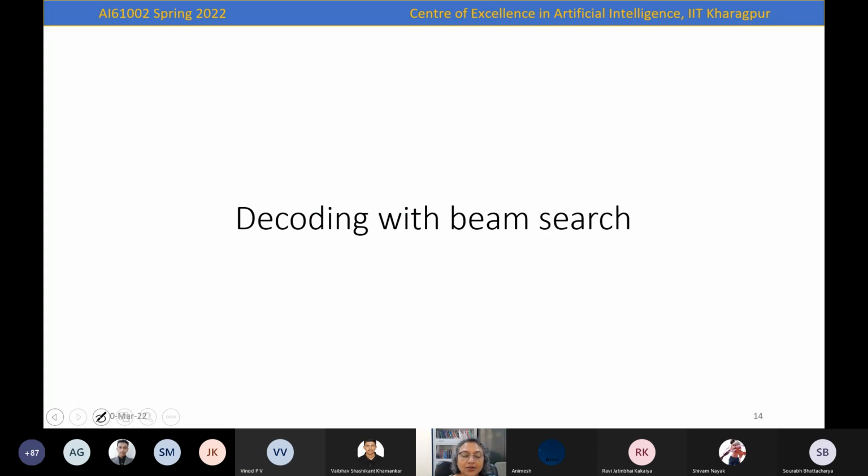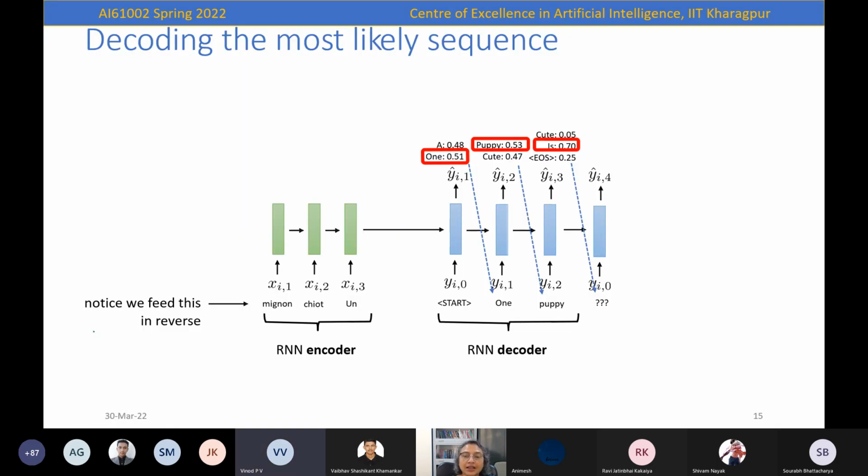Now, this greedy decoding is sometimes not very appropriate, because the locally greedy solution may not give you the best output for translation. So an alternative to greedy decoding is a method called beam search.